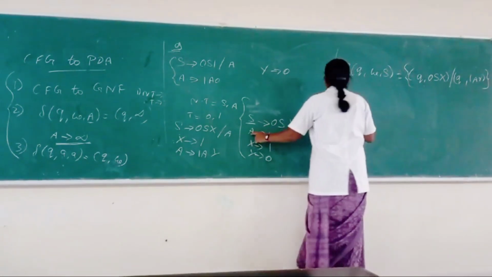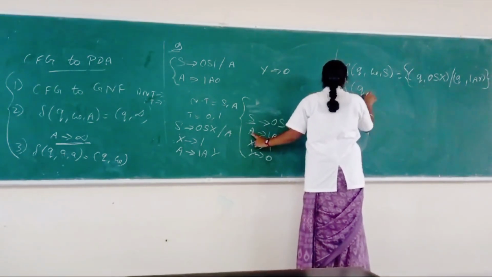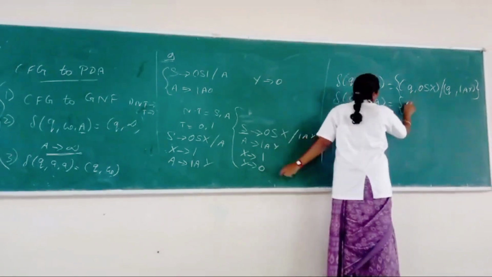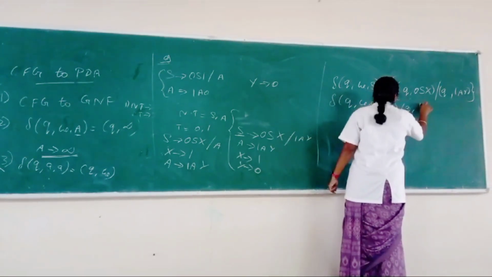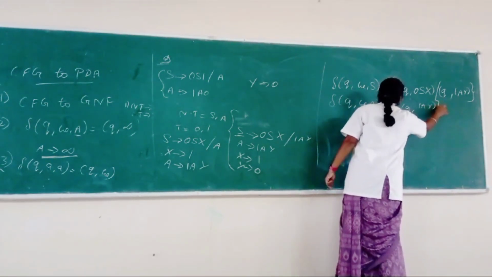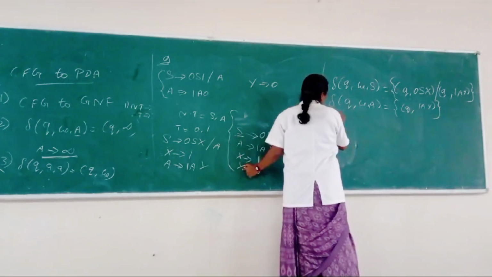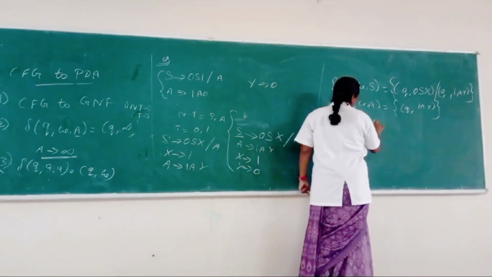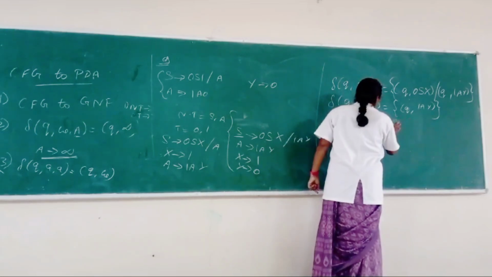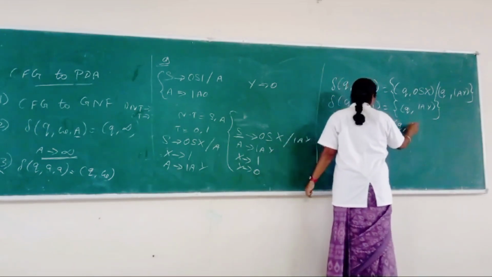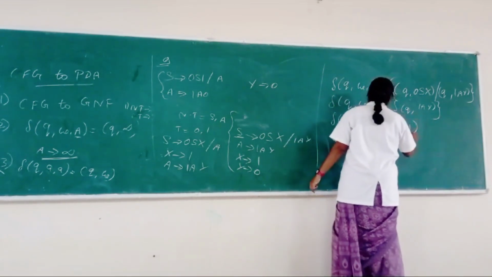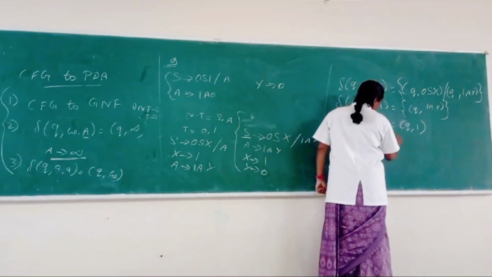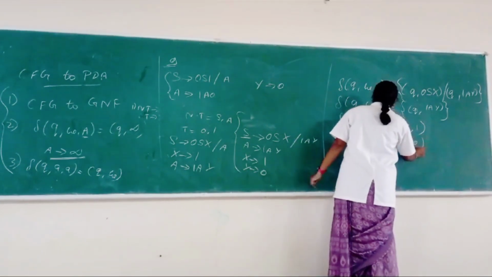Here A is non-terminal, so q comma epsilon comma A equal to q comma 1AY. Then X and Y are also non-terminals, so transition function of q comma epsilon comma X equal to q comma 1. Transition function of q comma epsilon comma Y equal to q comma 0.